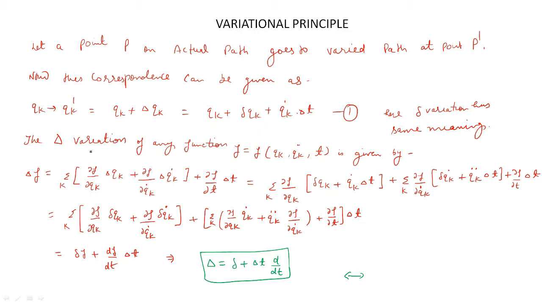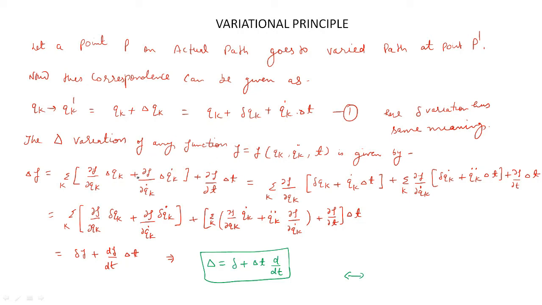Now if there is a function of the generalized coordinate, generalized velocity and time, then we can write its variation as sigma k del f over del qk into delta qk plus del f over del qk dot into delta qk dot plus del f over del t into delta t.